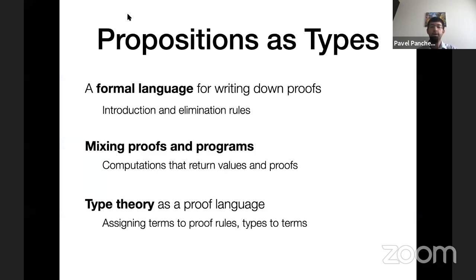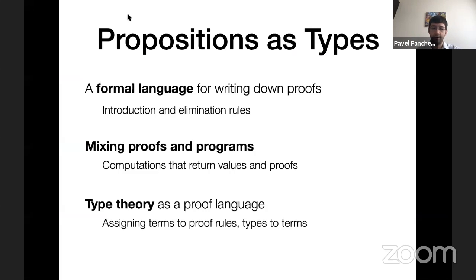These are languages where you assign types to programs, and we've reinterpreted this to say that we assign propositions to proofs. Given a proof, we can determine whether it proves a certain proposition, just like given a program, we can determine whether it returns a given type. So that is what I wanted to cover today.